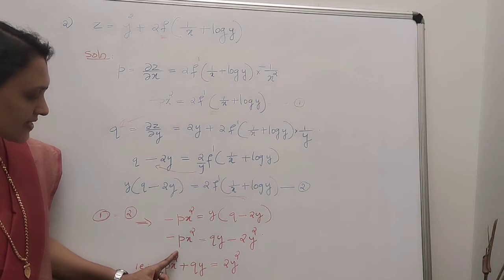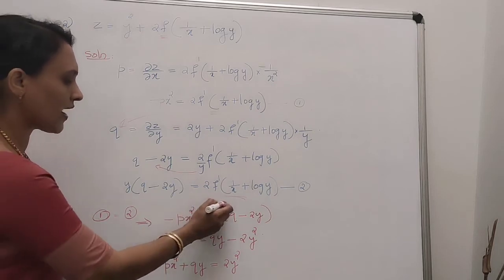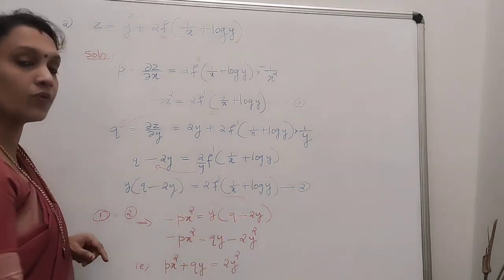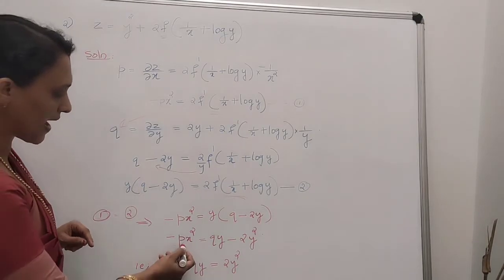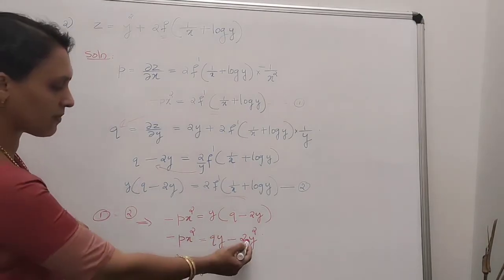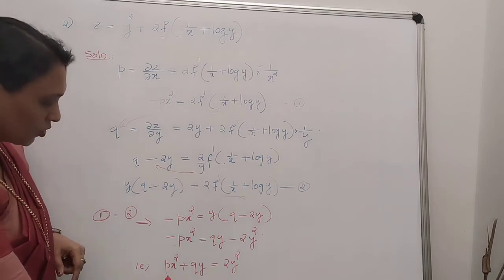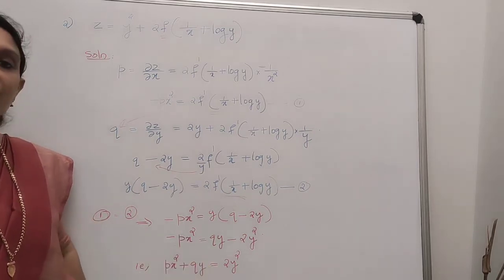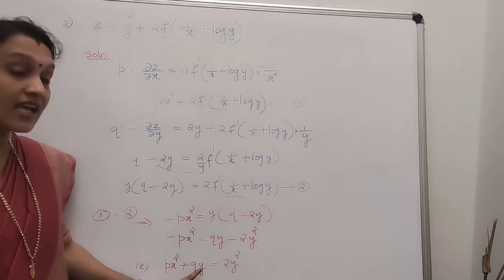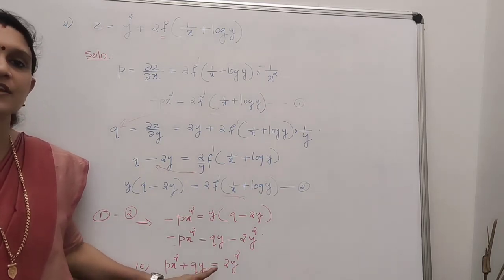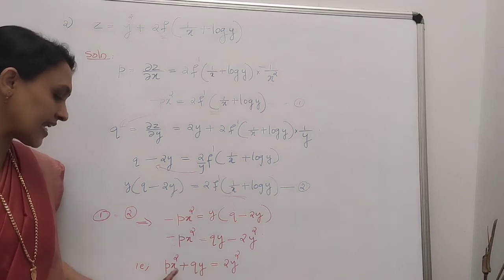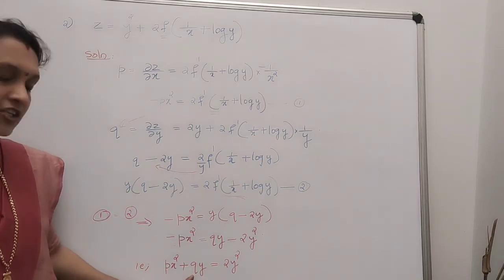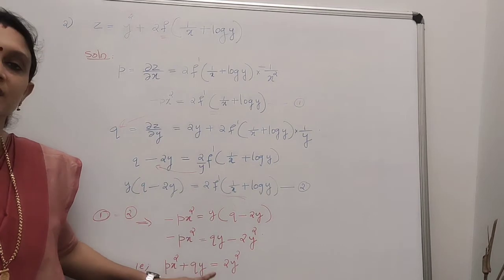So, minus px square is equal to yq minus 2y square. And take minus px square to this side and minus 2y square to the other side. So, we will get px square plus qy is equal to 2y square, and this is independent of the arbitrary function and containing first order partial derivatives p and q. Therefore, this is the final answer.